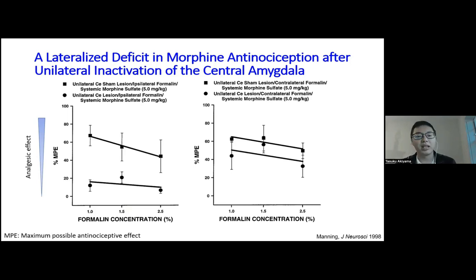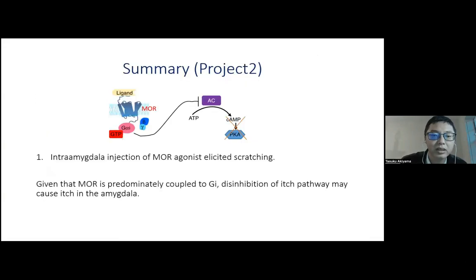So this is again just showing one of the results, which shows the central amygdala is the target for the analgesic effect of the morphine. So yeah, what we found is the intra-amygdala injection of MOR agonist elicits the scratching.